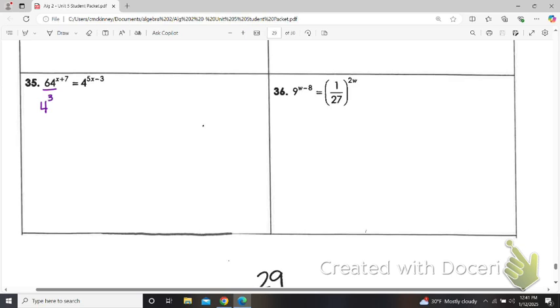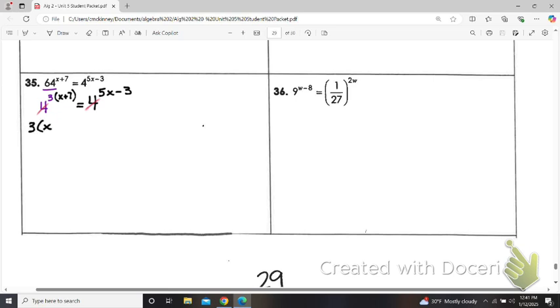So 64 is 4 to the third. But then that 64 is getting raised to the x plus 7 power. Be sure to use some parentheses there. And this side, because it already has 4 for a base, does not need to change. Now I see that those bases are the same, so I can drop the bases, and these exponents become my equation.